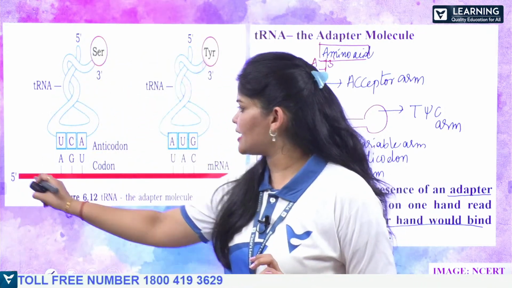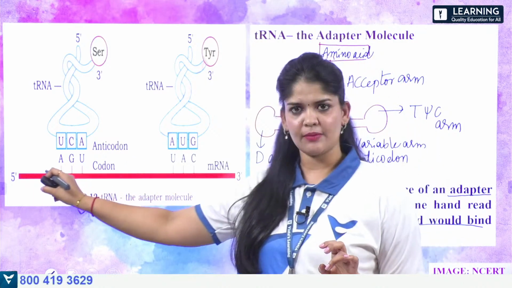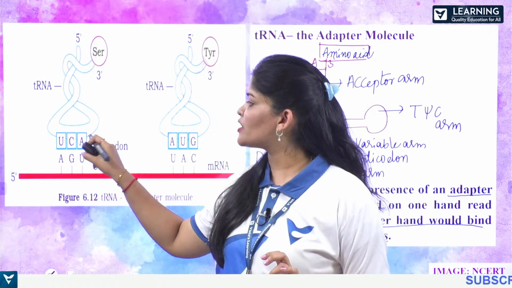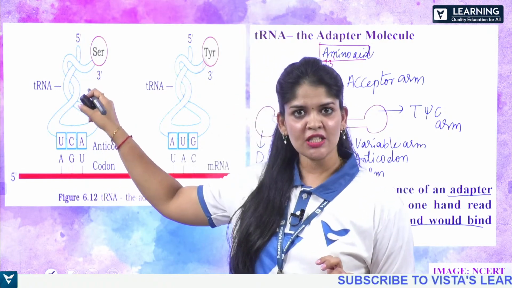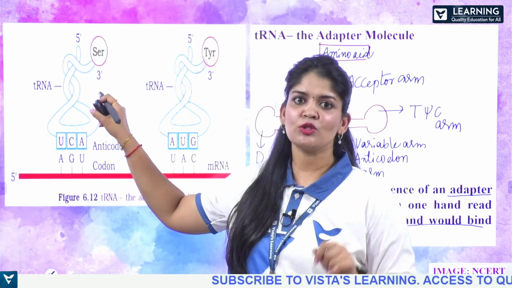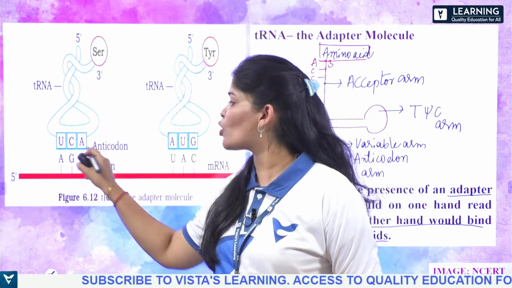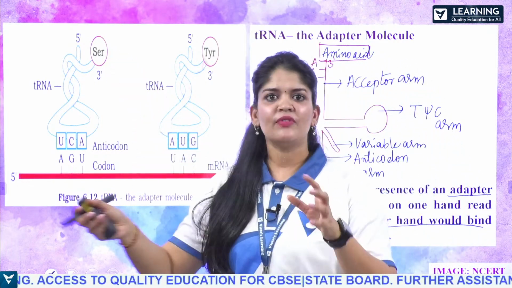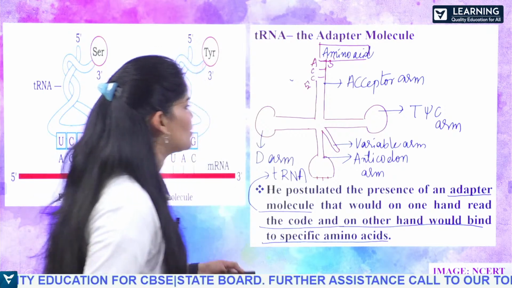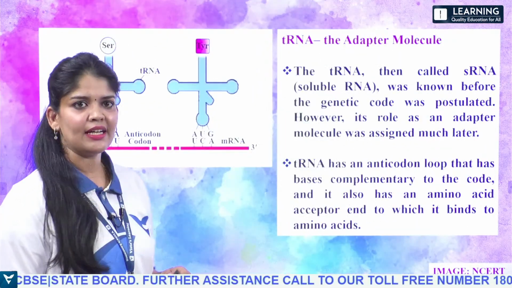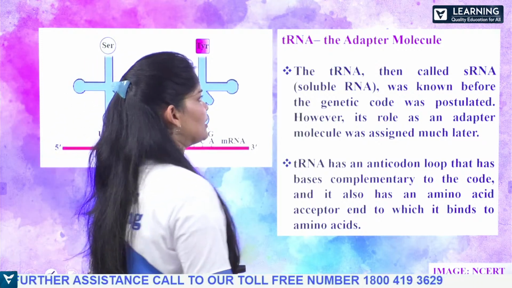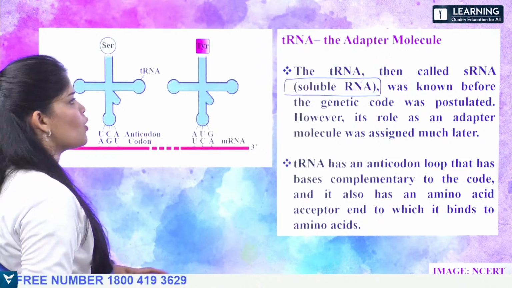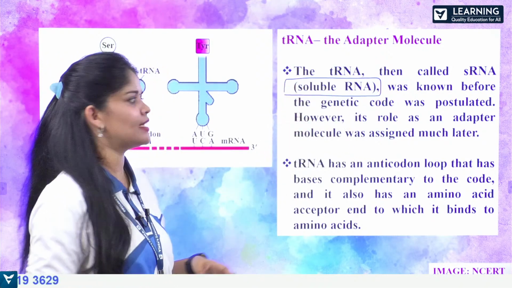So look here, this is an mRNA which has codons on it, and to this codon there is an anticodon. With this, it can identify which amino acid it has to bind. Which amino acid this tRNA is going to bind is decided by the codon present on the mRNA, and this amino acid will come to the site of protein synthesis. The tRNA was previously called soluble RNA, and was known much before the genetic code was postulated.